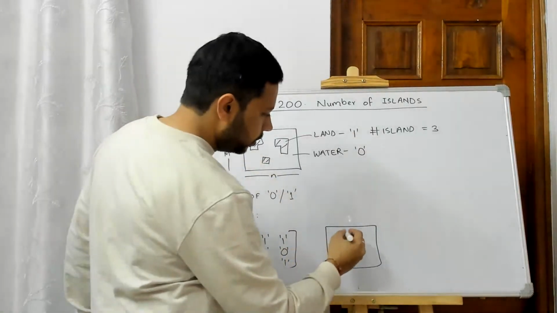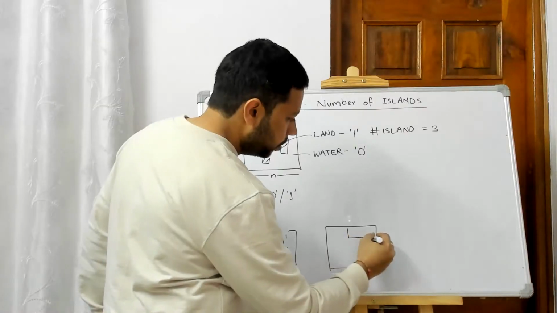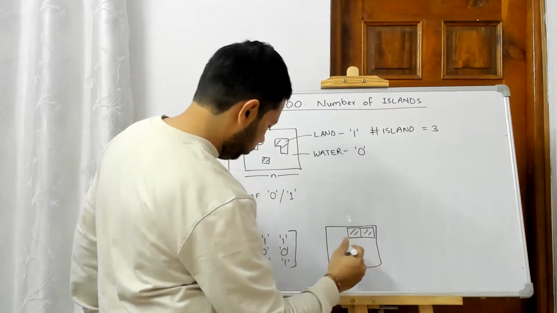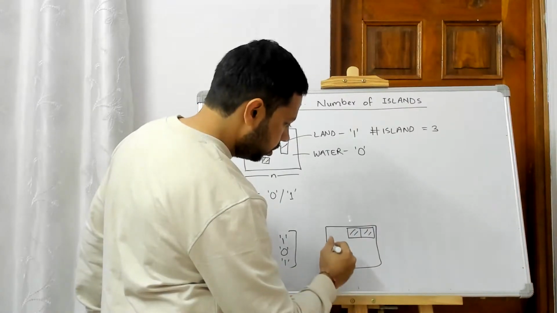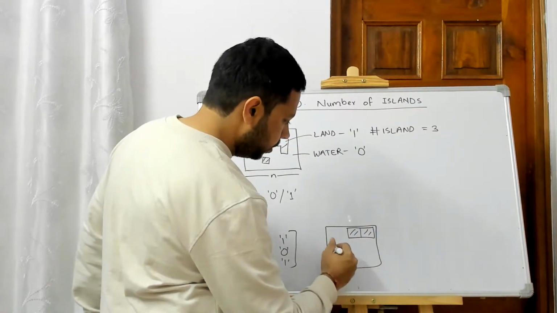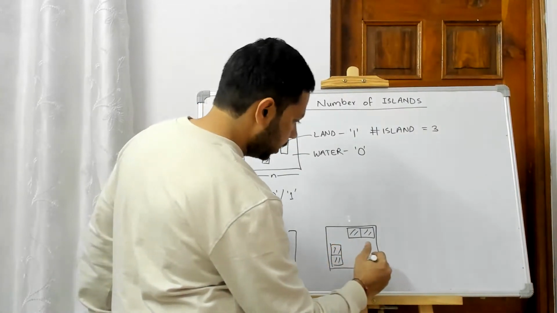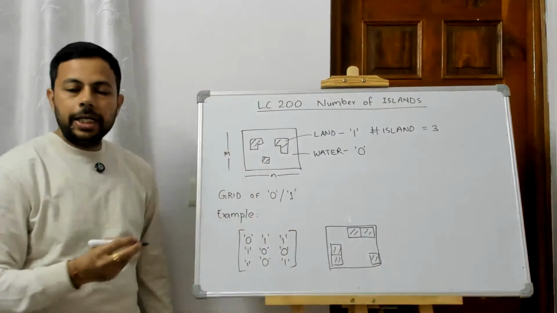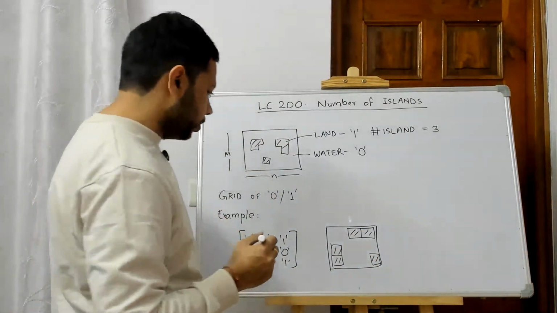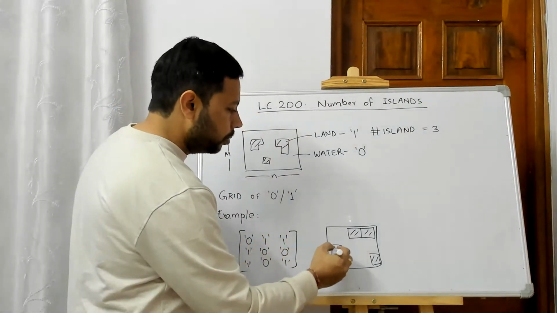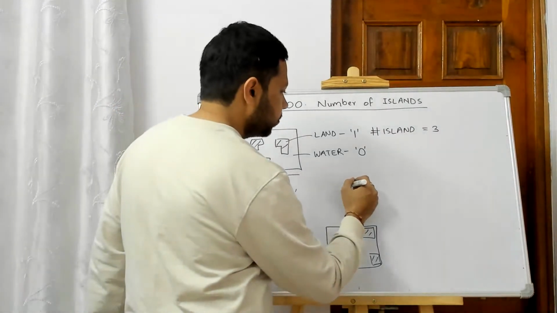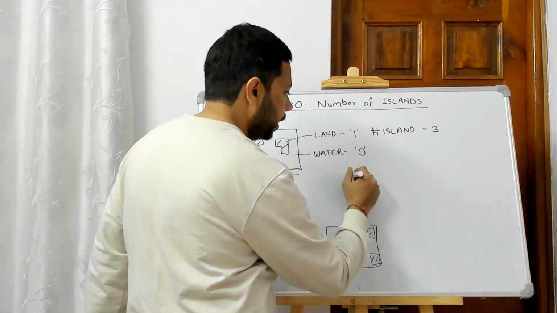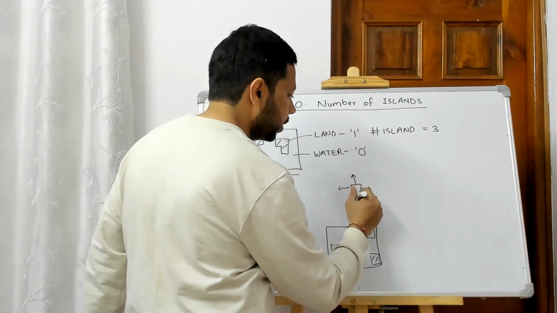So if I have this as a map, these 2 blocks are land, and these 2 blocks are land, and this one block is land. Two land cells form a single island if, for a given land cell, the other land cell is in one of these 4 directions.